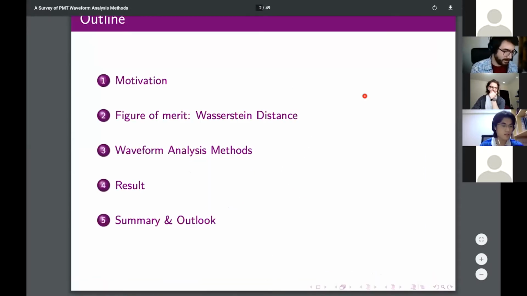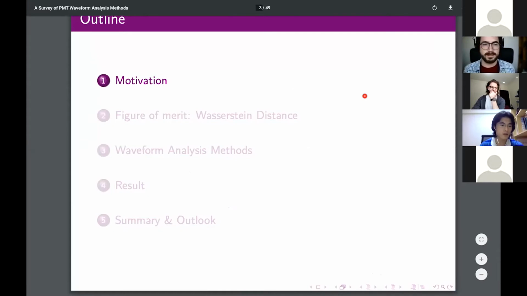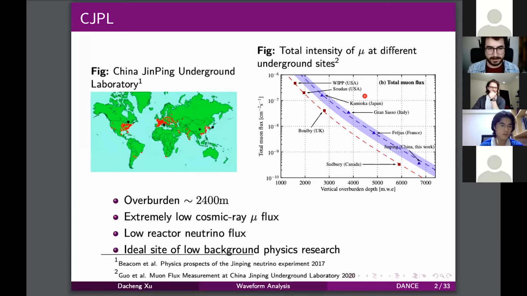Okay, in the motivation part, first, I would like to give a really quick reminder of the Jinping neutrino experiment where I'm working at. Jinping neutrino experiment is located at China Jinping Underground Laboratory in the interior of China, as the asterisk shows in the map.